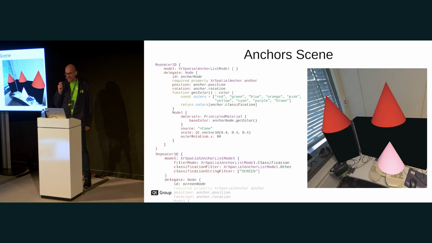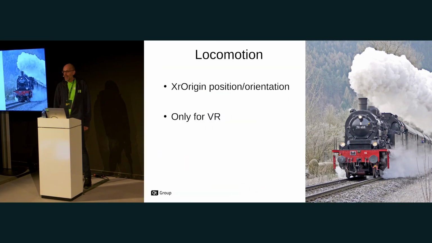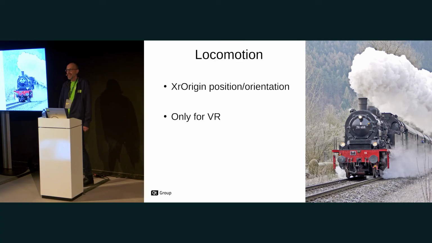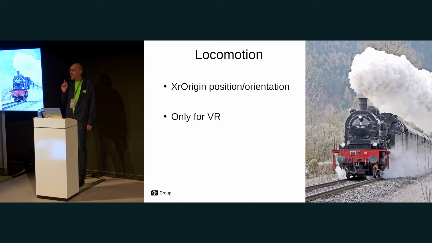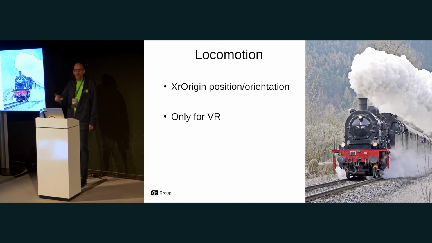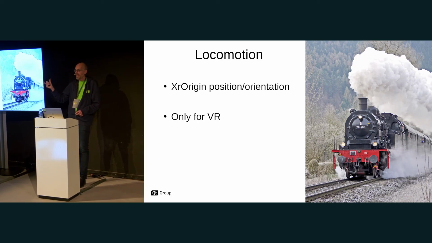Now, onto artificial locomotion. Fortunately, there are no new APIs you need to learn for this. The only thing you need to do to move the user through the virtual world is to change the position and orientation of XR origin.